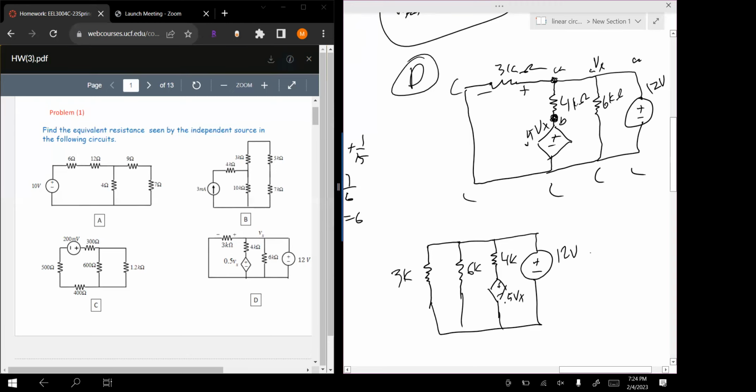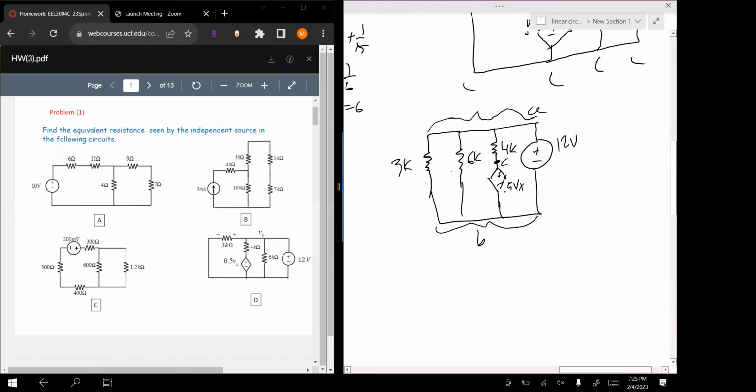We still have A all the way up here, and we have B all the way down here. Well, I guess we're mixing up our nodes now, but whatever.